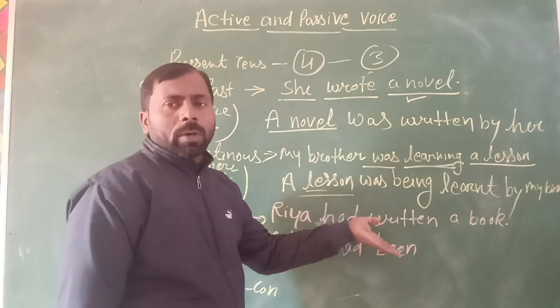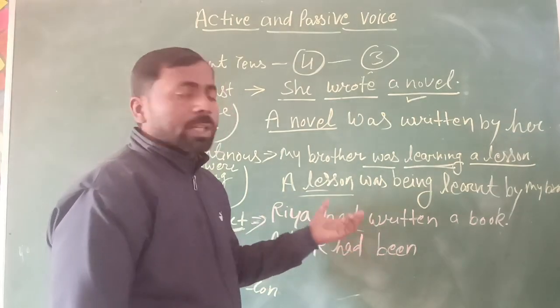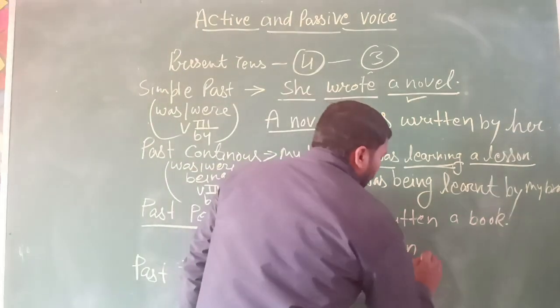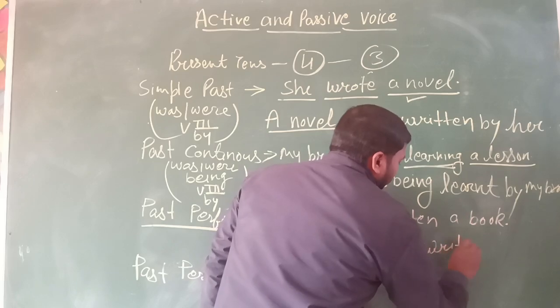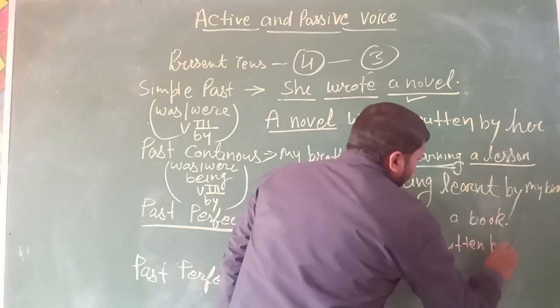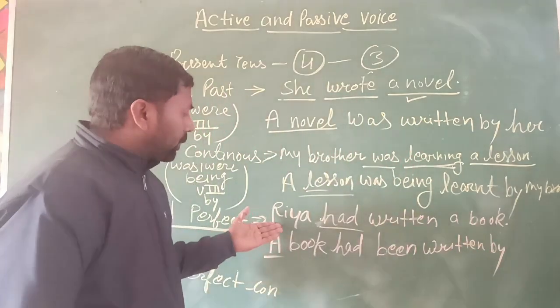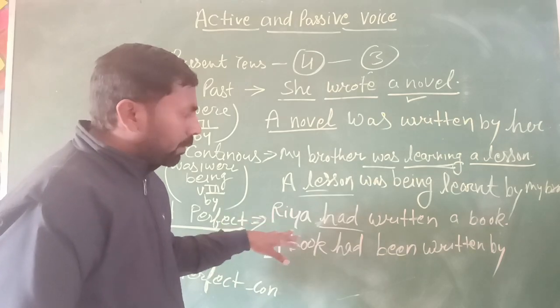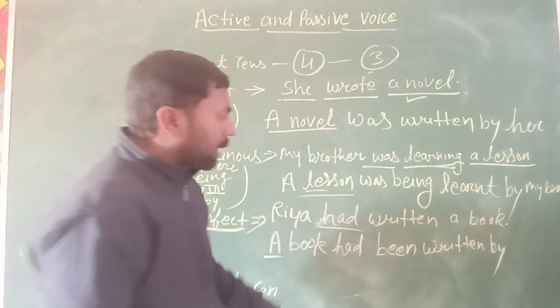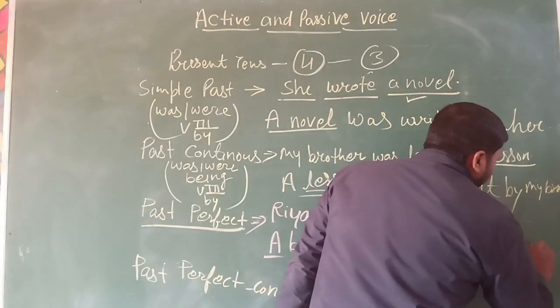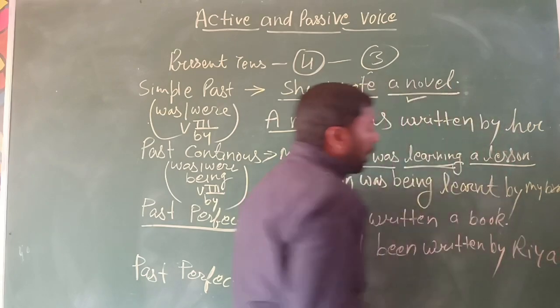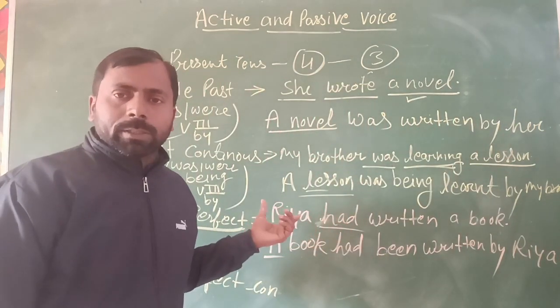It is already the third form, so no need to change it. So: had been written by, and your subject is Riya, and it will convert into the passive voice. So Riya remains Riya. Riya is not transformed. Why? Because it is the nominative subject.